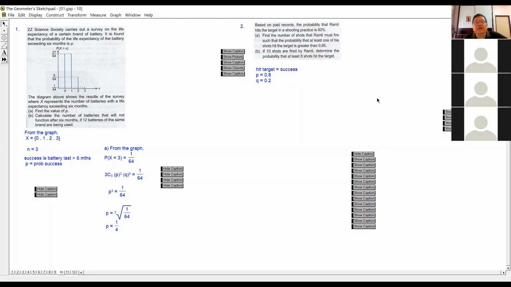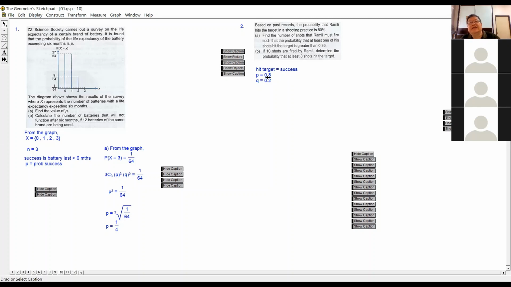Okay, so from the question, we know that the probability of success, in this case hitting the target, is 0.8, because they say 80% of the shots hit the target.